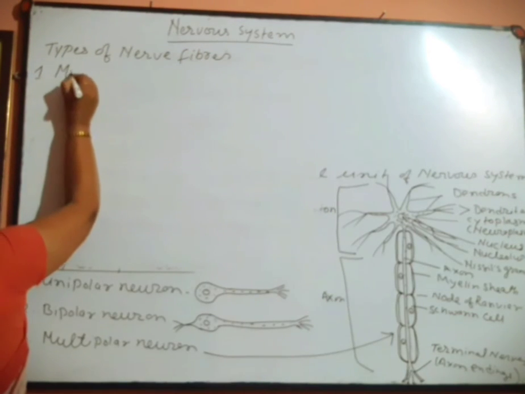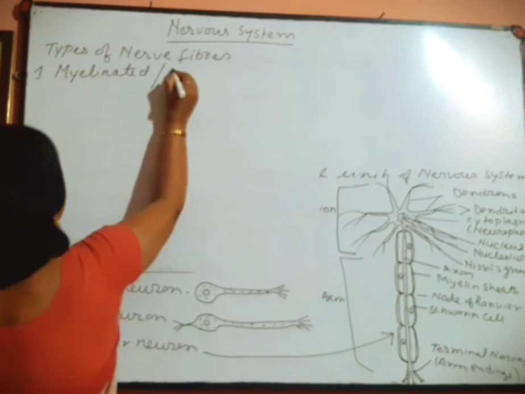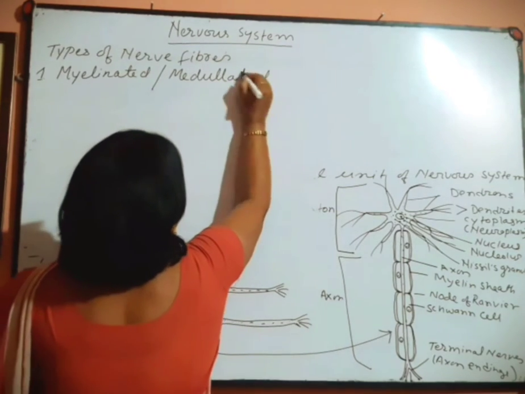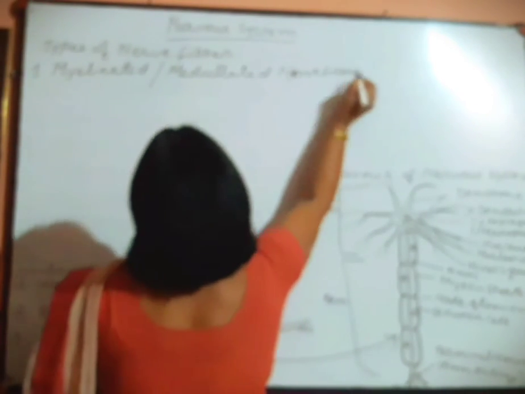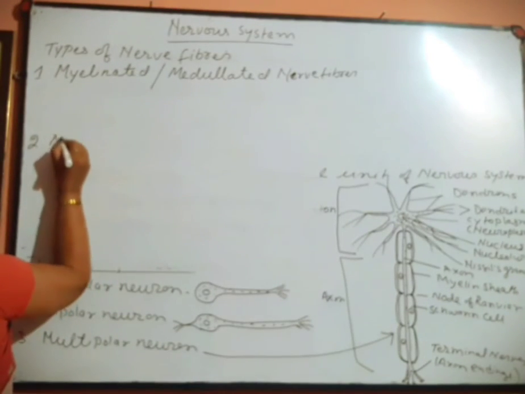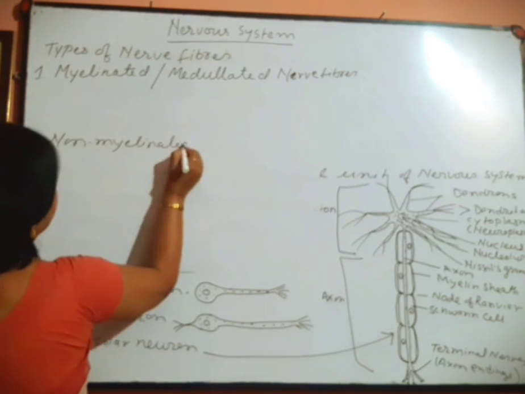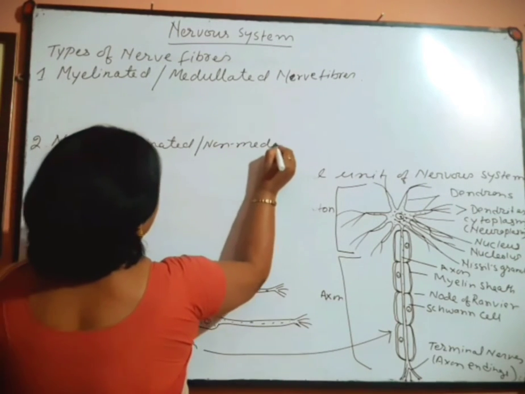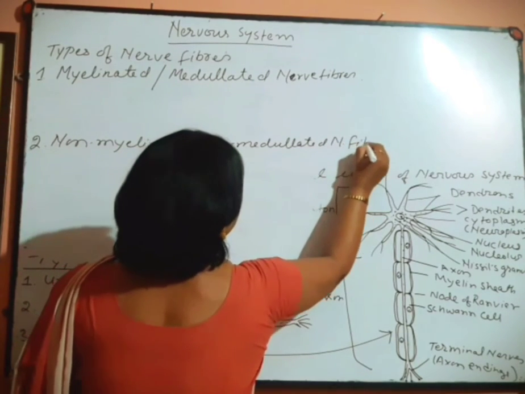First, myelinated or medullated nerve fibers. And second is non-myelinated or non-medullated nerve fibers.